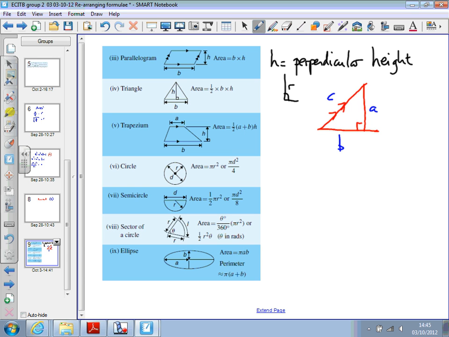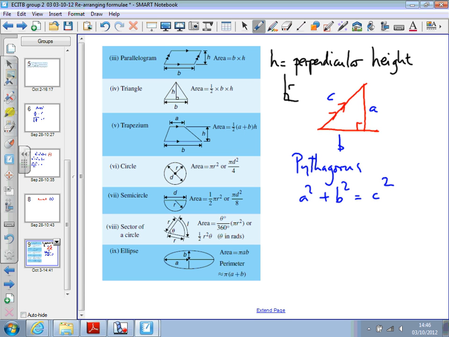Pythagoras. Pythagoras says that the two short sides squared, a squared plus b squared, equal the hypotenuse, or the long side, squared. So if I want A, I have to rearrange this formula to find A. What's the first thing to get rid of?